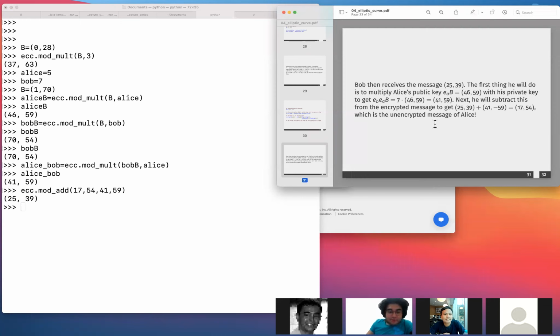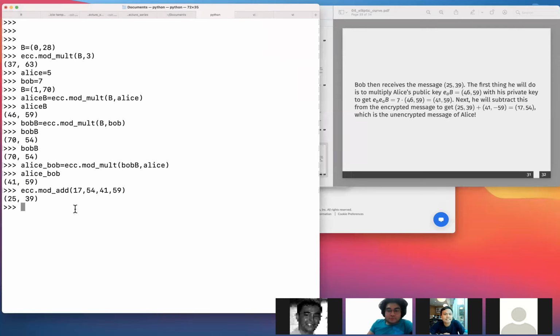It's okay, that's good. It's happening to my laptop. Okay, so Bob receives 2539 as the encrypted text.